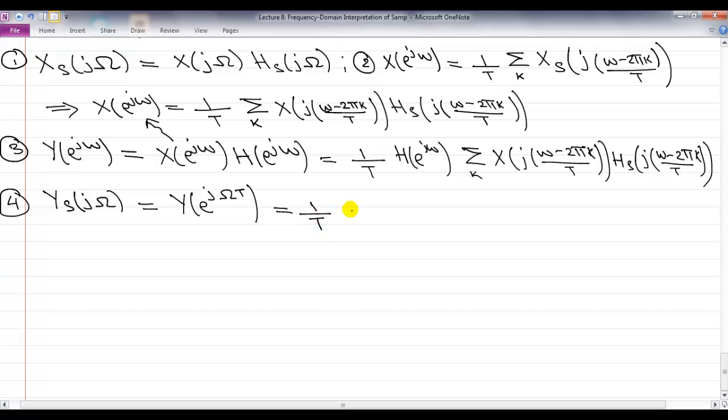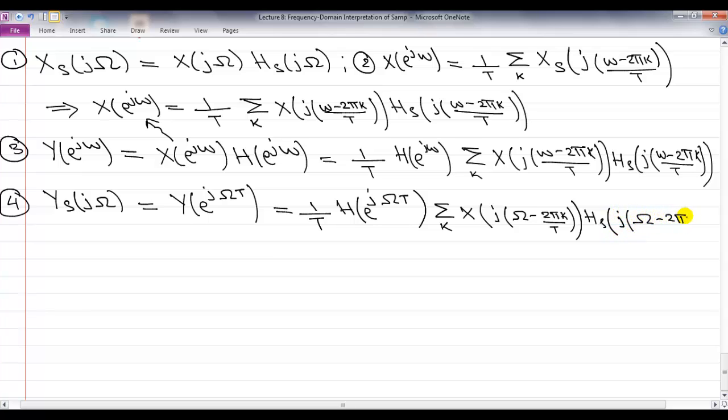So I get 1 over t h of e to the j capital omega t summation of k. When I replace this, I get x of j omega minus 2 pi k over t hs of j omega minus 2 pi k over t.